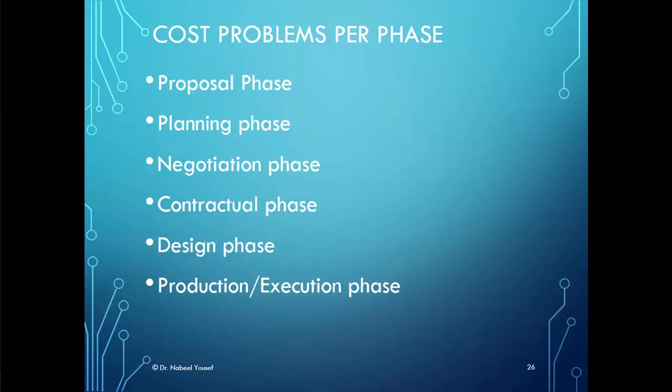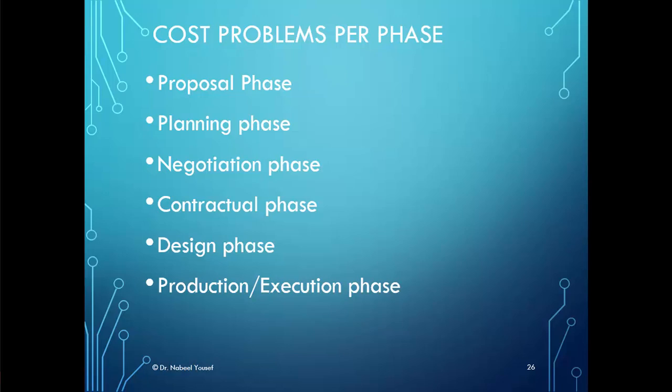We can also categorize cost problems based on the different phases of the project timeline, such as the proposal phase. In the proposal phase, there could be a failure to understand customer requirements, unrealistic appraisal of in-house capabilities, or misunderstanding the time requirements.